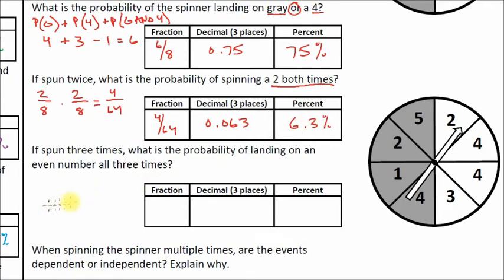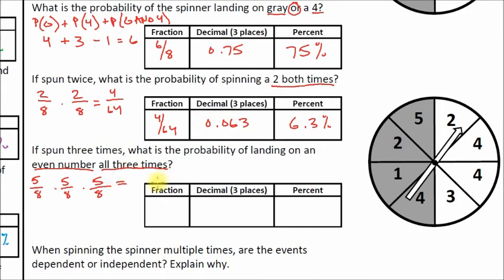And then the last one, if spun 3 times now, what is the probability of landing on an even number all 3 times? Well, again, these are independent events. They do not affect each other. That means all we have to do is find the probability of landing on an even number and multiply it by itself 3 times for the 3 different spins. So how many even numbers do we have? 1, 2, 3, 4, 5. So you have 5 even numbers out of 8, times our second spin, 5 out of 8, times our third spin, 5 out of 8.